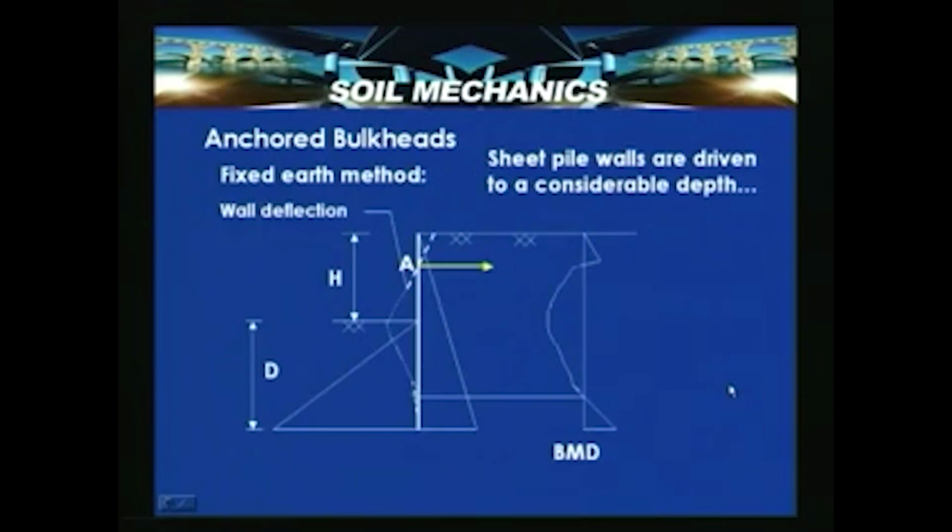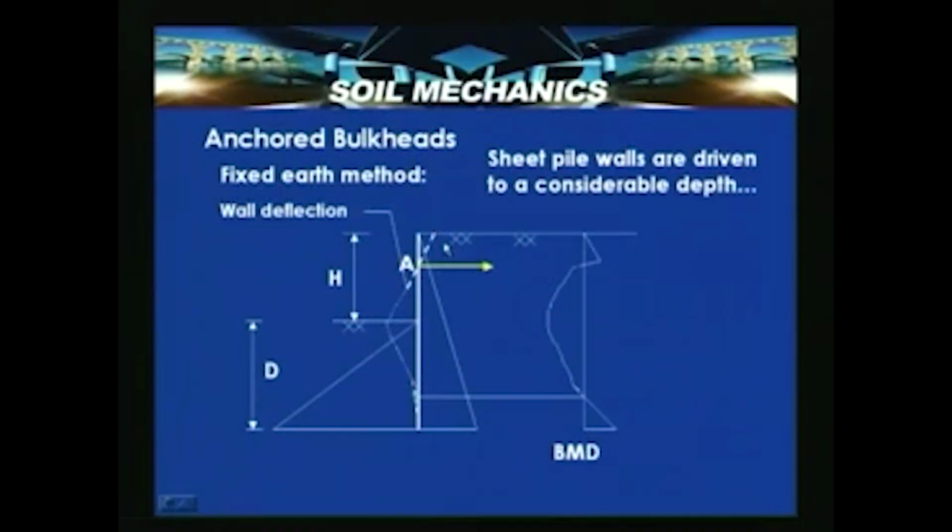In the fixed earth method, the sheet pile walls are driven to a considerable depth to ensure firm fixity. Here D is large compared to the previous case, so there is no movement at this point, and this is the deflection line. You can see the difference in the deflection line. This is the active pressure diagram, this is the passive pressure diagram, and this is the anchor force which is acting.